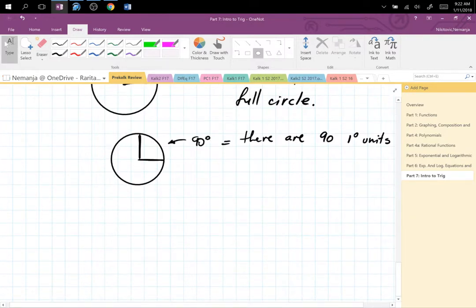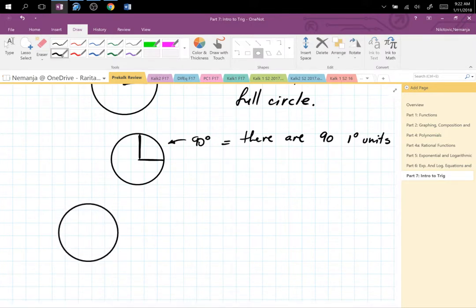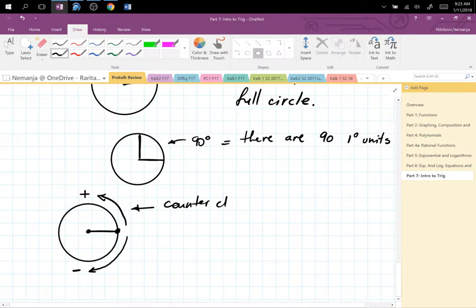You draw the x-axis here. We measure positive angles counterclockwise and negative angles clockwise. So this motion is counterclockwise. Those of you who don't know what this means, there's a clock on the wall, right?